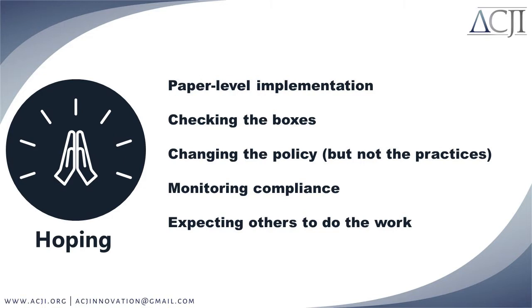In this level, the proof the program exists is because we say it exists, and we have a policy or procedure, or maybe a nice-looking brochure that we can check off to show that it's being used. This may suffice for monitoring compliance or passing an audit. However, nothing substantially changes in the way people work or deliver services. When looking to make big systemic change or solve complex problems in the community, this approach fails.